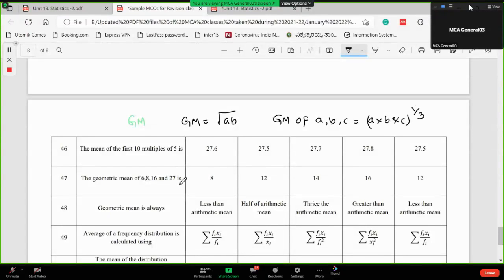What is the geometric mean of four numbers? A into B into C into D to the power of 1 by 4. What is the geometric mean of n numbers? First number into second number into third number up to the nth number, the whole to the power of 1 by n. Okay?